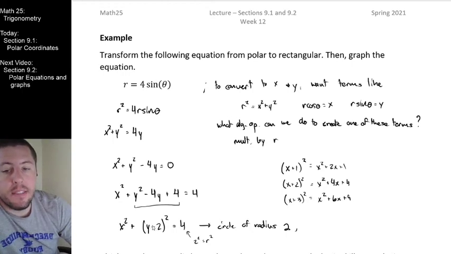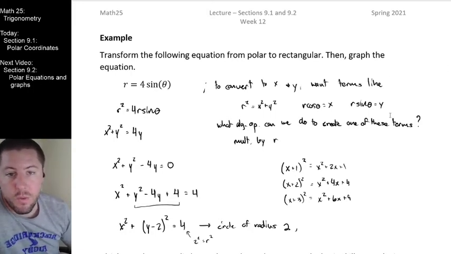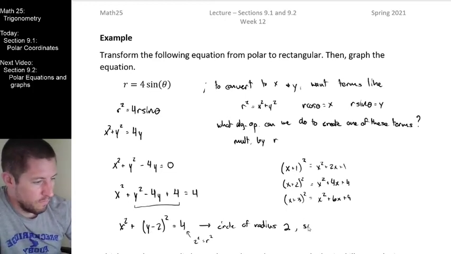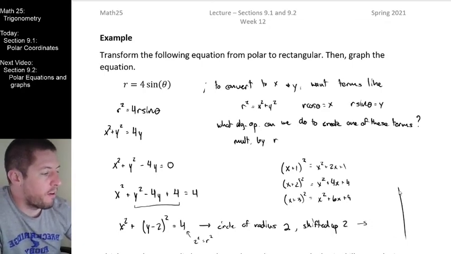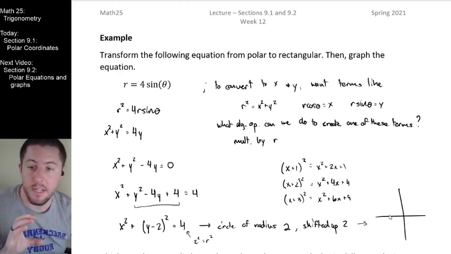You should notice that that means you need to plug in 2 to make this term be 0, whereas in a regular old circle, x squared plus y squared equals r squared, you'd need to plug in 0 to make it 0. So that's going to shift us up by 2. And so for our graph, we have a circle of radius 2 that's been shifted up 2.